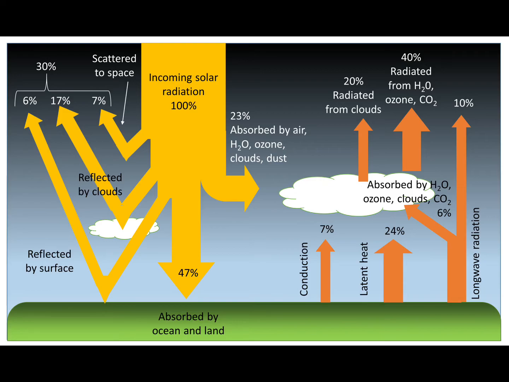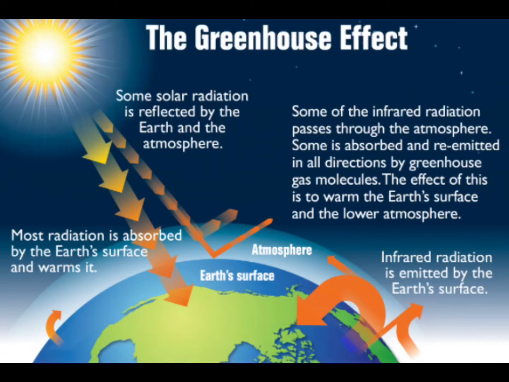That is also the basic structure for the greenhouse effect. A lot of us have studied the greenhouse effect since middle school, and it is basically when the particles in the atmosphere trap the sun's heat, and that's how we're impacted by it.